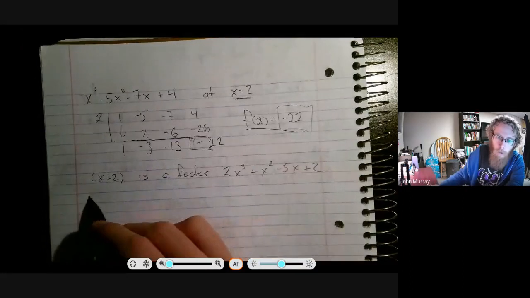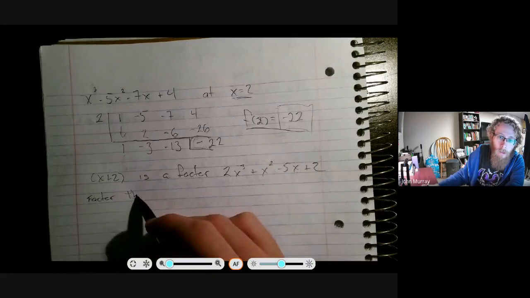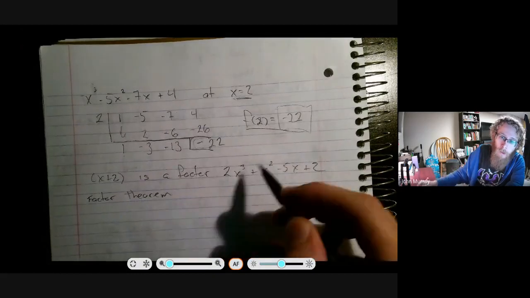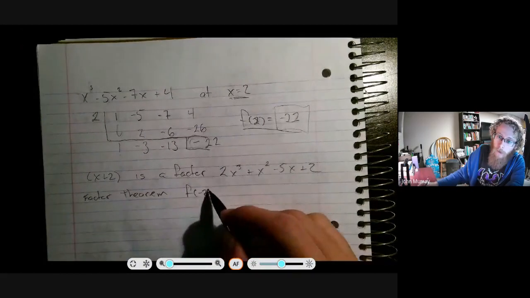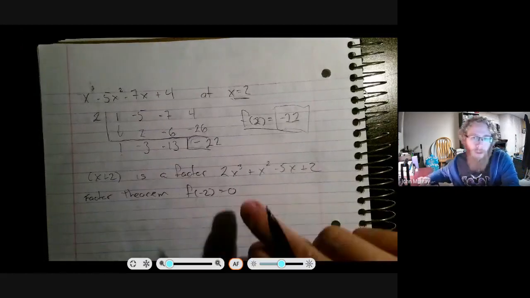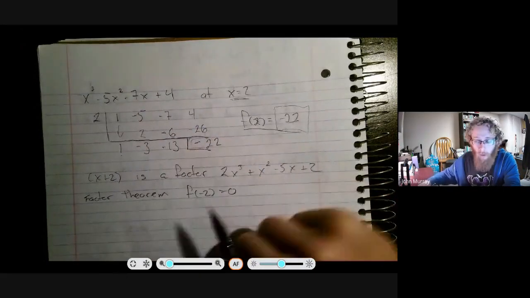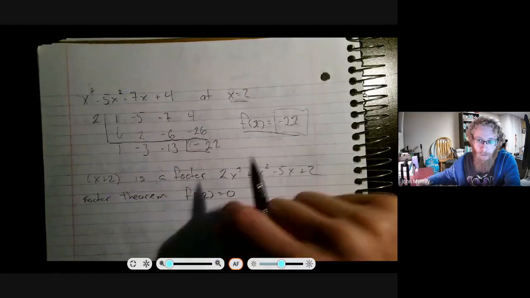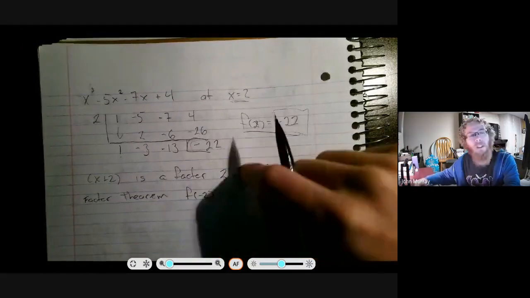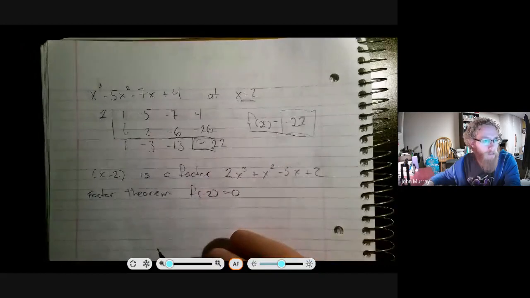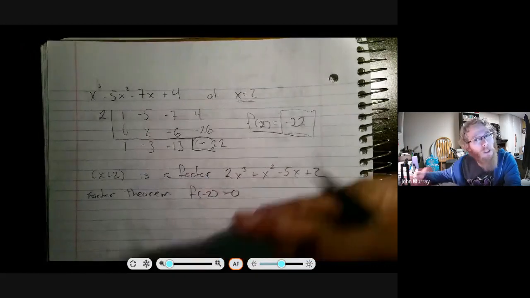So remember, our factor theorem says when we do this, our remainder should be 0. If our remainder is 0, then it's a true factor. And we're going to continue from that.